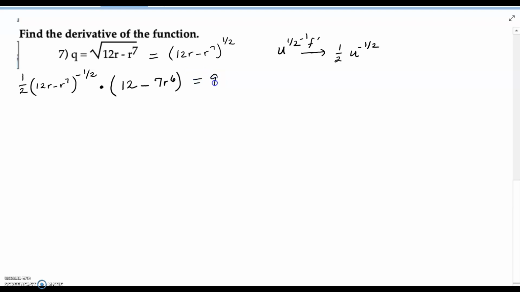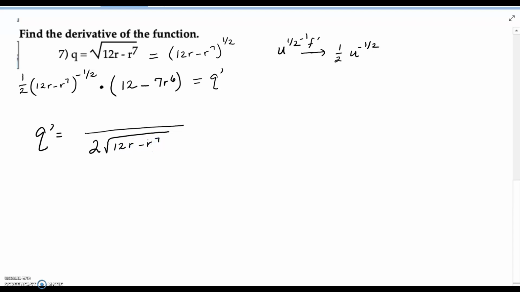And this right here is the basic setup of q prime, but you can simplify q prime. I see that I have a negative exponent, which I can put in the bottom, which is a square root. I can multiply that by 2. So the bottom is what we can clean up first. We have a 2, then a square root of 12r minus r to the 7th.